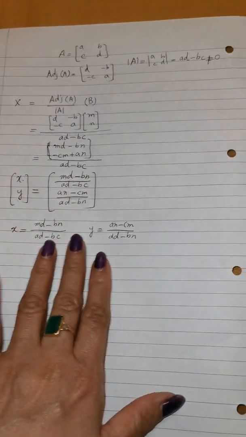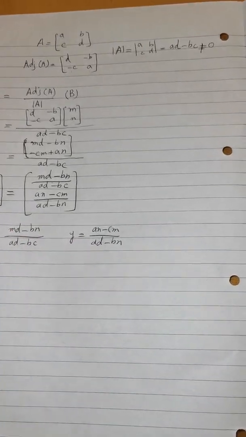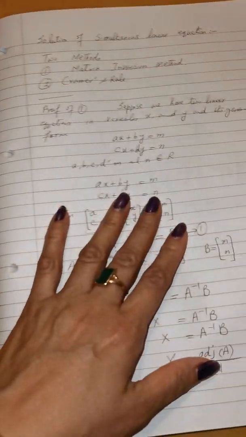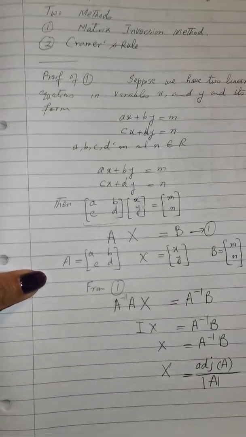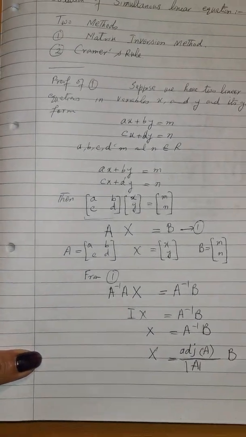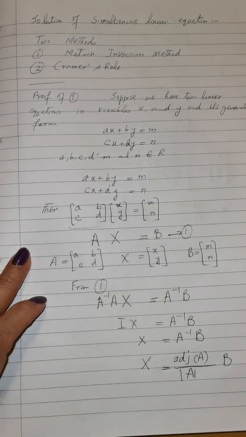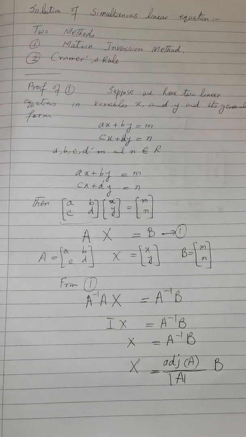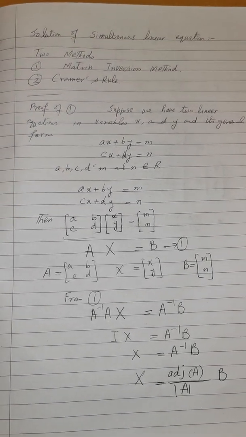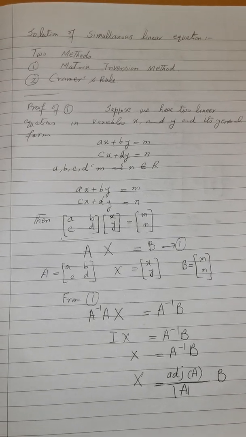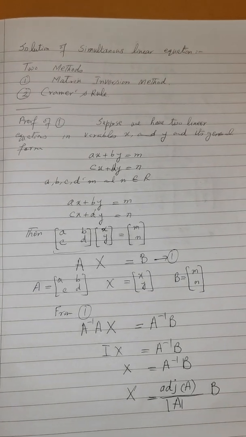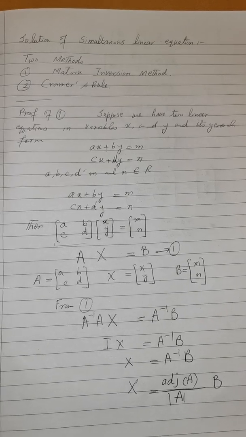So it's a very simple, very interesting matrix inversion method. And after that we will do Cramer's rule. Cramer's rule is also very simple, very interesting. So in the next video we will learn about Cramer's rule, which is the method for the solution of simultaneous linear equations in matrices.